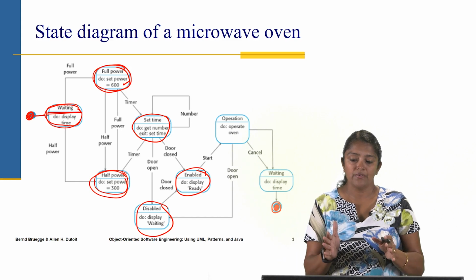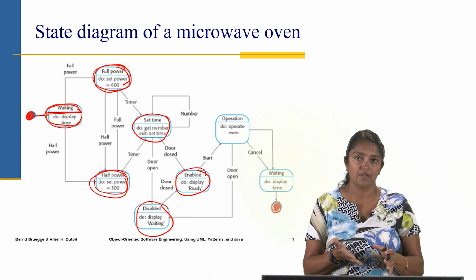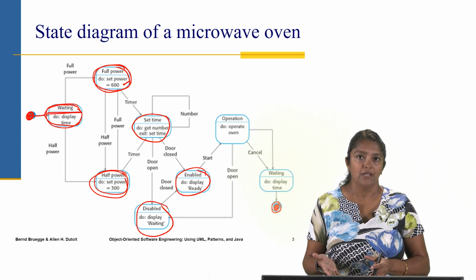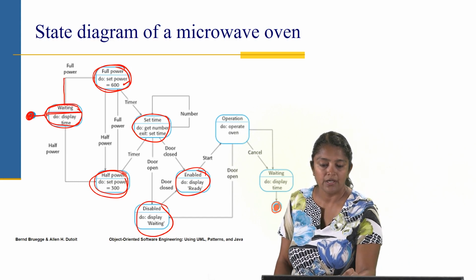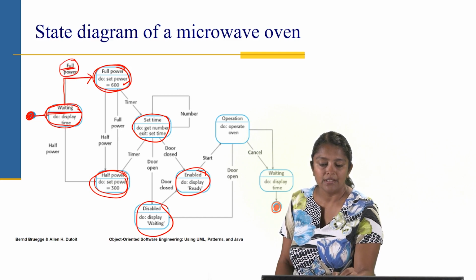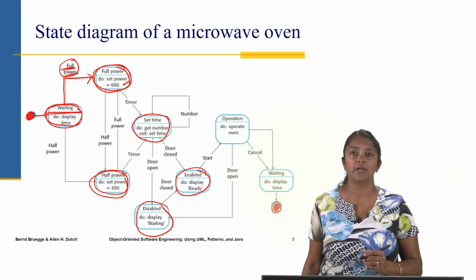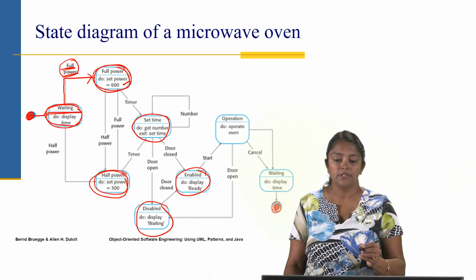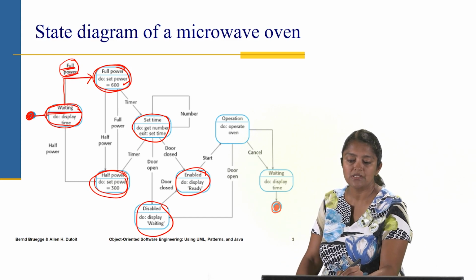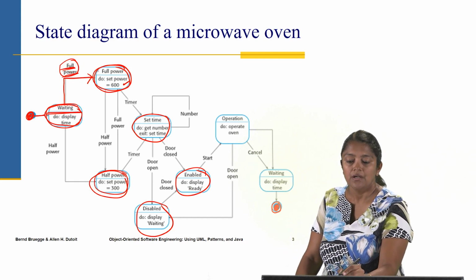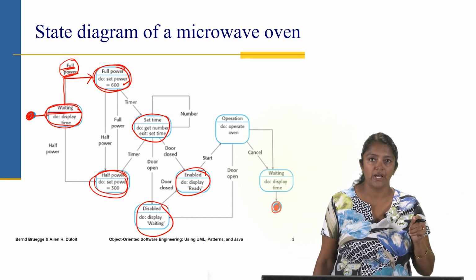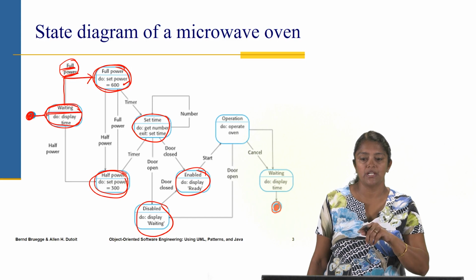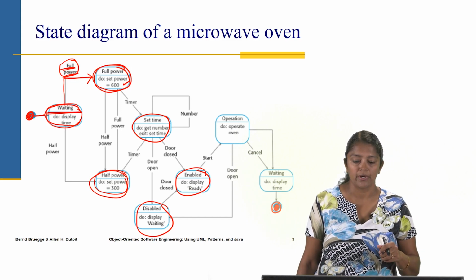So then we see that there are these directed arcs or edges that are connecting the different nodes, and on top of the arc or the edge there is a label indicating what the event or trigger is. So the microwave oven goes from a waiting state to a full power state on the trigger full power. So if the button full power is pressed, that's when the state changes from waiting to full power.